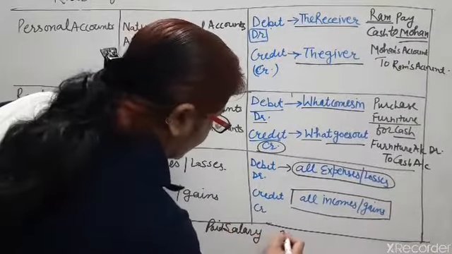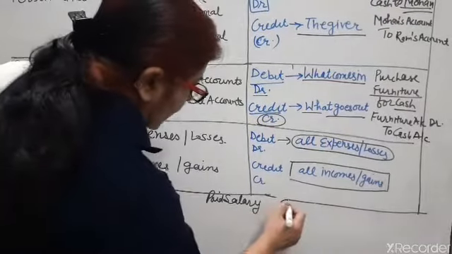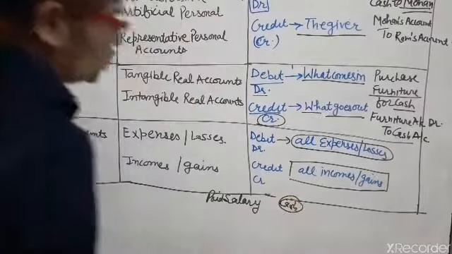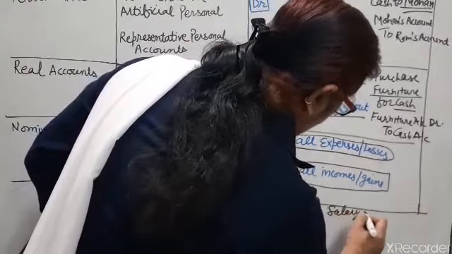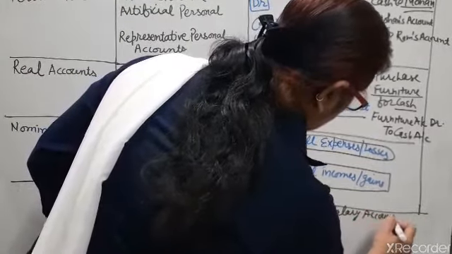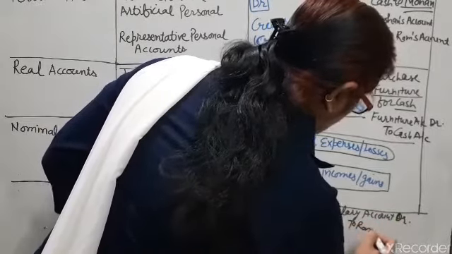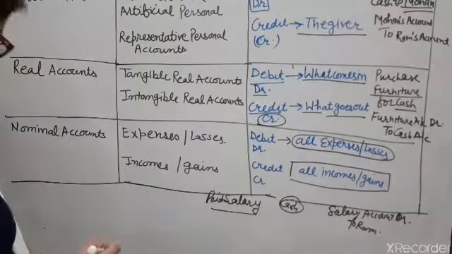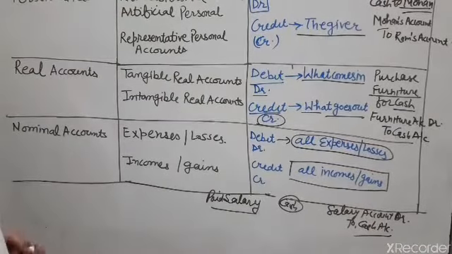Salary paid in cash to Ram is an expense, and expenses are debited, so salary account is debited to cash account, because salary is paid in cash.